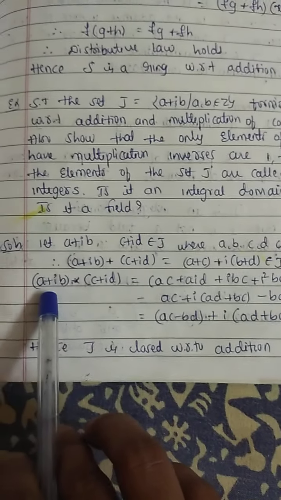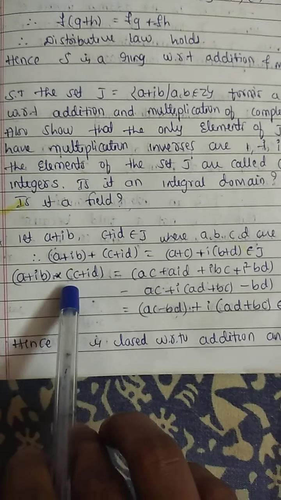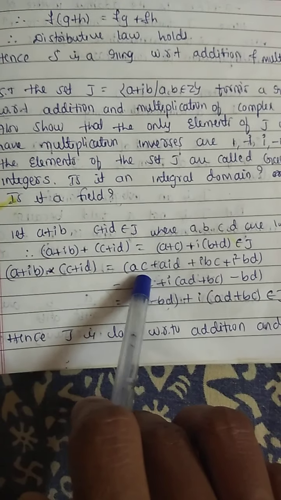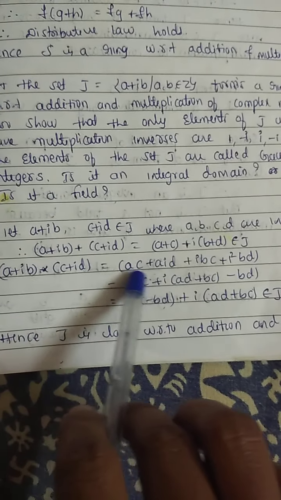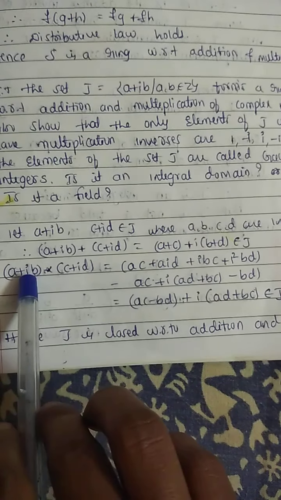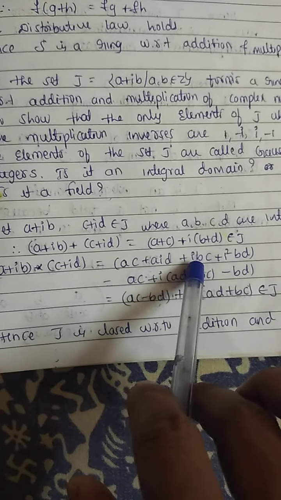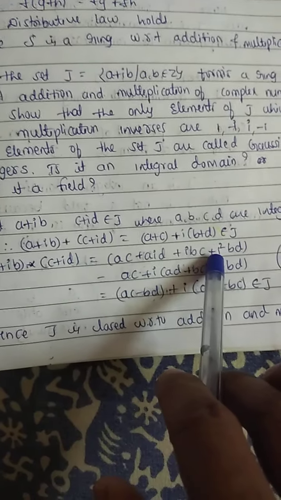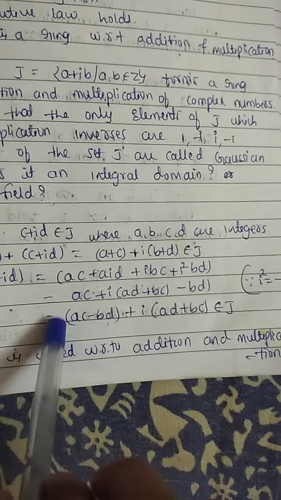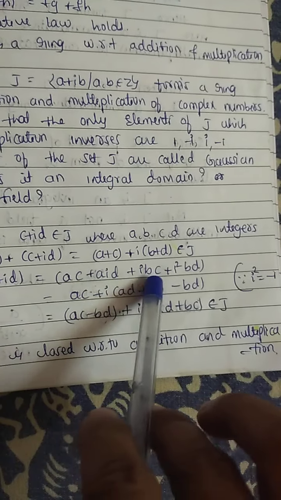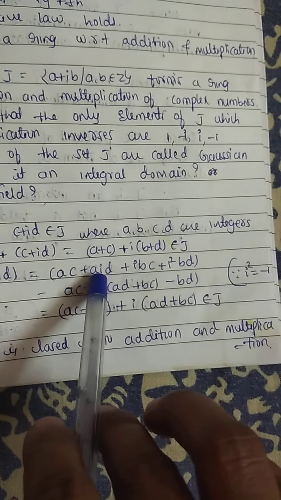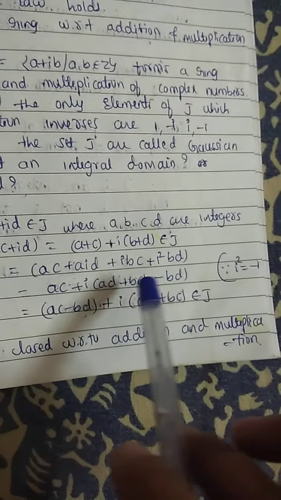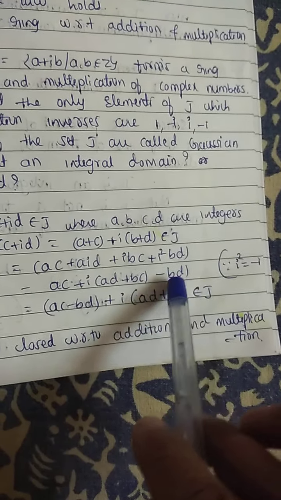Okay. Multiplication. a plus ib into c plus id. a into c, ac. a into id, aid. Plus ib into c, ibc. ib into id, i square, b into d. ac, in these two terms i is common, we have ad plus bc. i square is minus 1, bd.